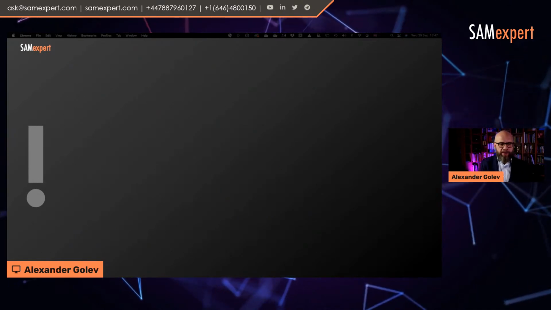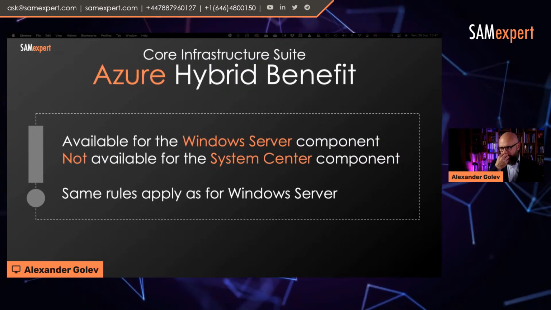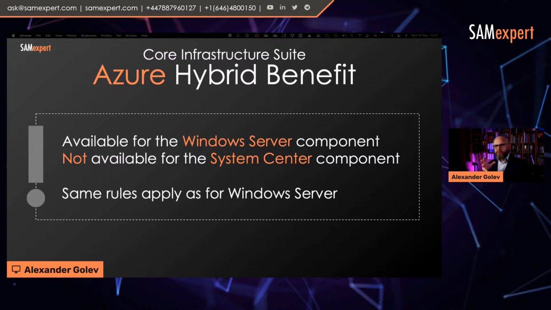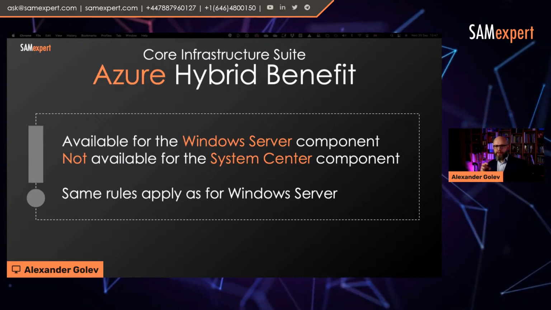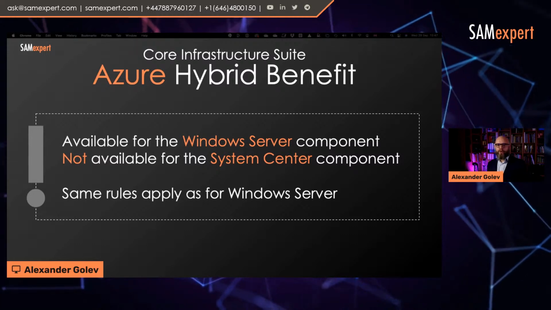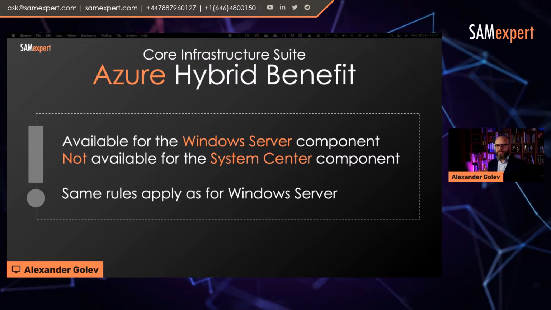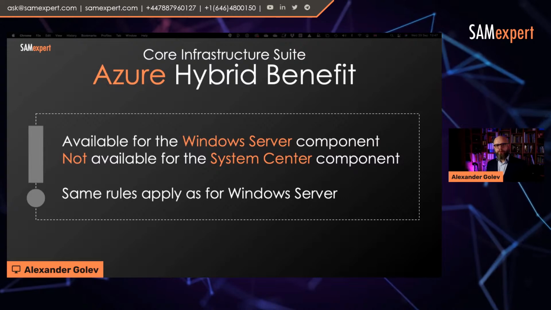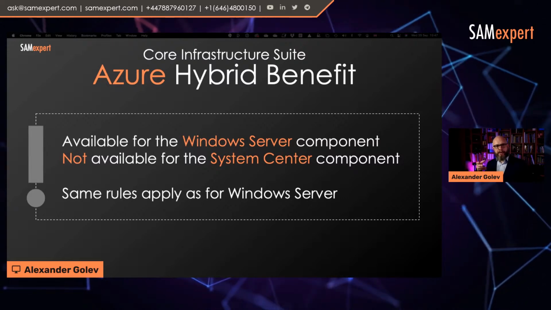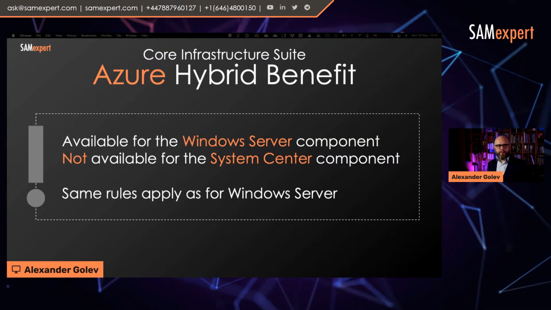Azure Hybrid Benefit is tricky. Why? For the Windows Server component, it works. For System Center, it doesn't. So if you think, okay, I didn't buy Windows Server licenses for my estate, I bought core infrastructure suite licenses for my estate, may I benefit from Azure Hybrid Benefit? Yes.